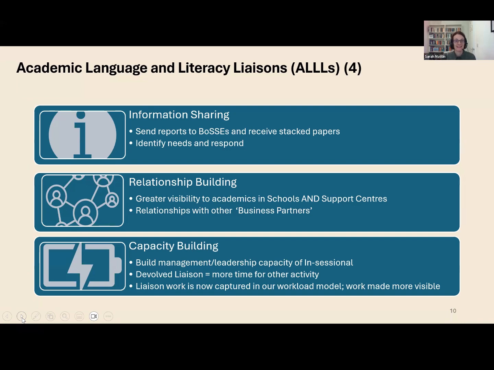More people are gaining insight into how different aspects of EAP management and leadership take place. More people are getting to experience the wider procedures of the university, which I think is also really important. So it's been very useful in that respect.